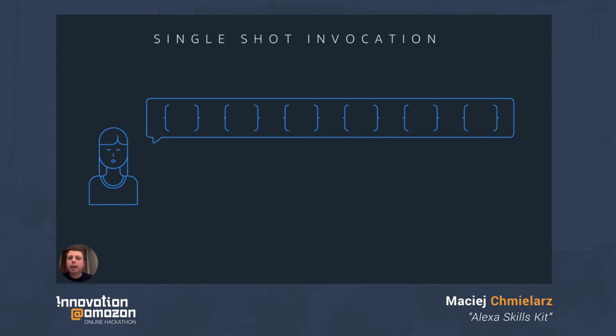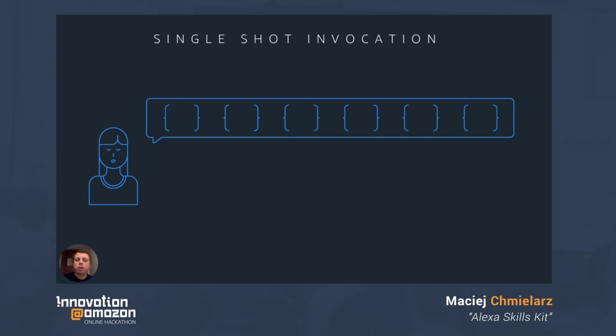In case of this kind of utterance that has only a few slots, so only a few pieces of information to be provided, you can do that in a single shot invocation. So there's one sentence that provides all the items that are needed for the skill in order to process them. However, it's not always the case. Sometimes you need more information, like 8, 9, or 10 slots.